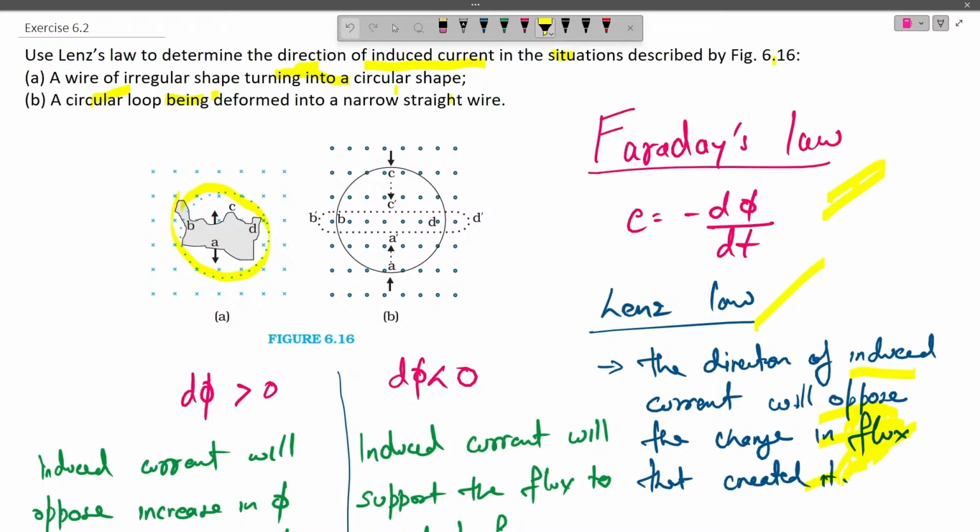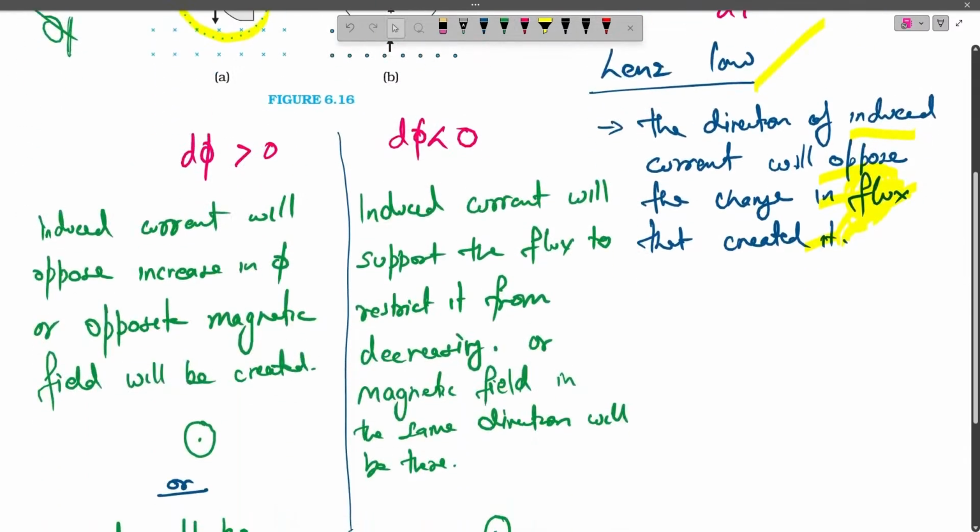In the first case, when the irregular shaped wire turns into a circular shape, the area will increase, and as flux is defined as B dot A, phi will increase. So the induced current will oppose the increase in flux, or an opposite magnetic field will be created. Initially the magnetic field was going into the plane, so a magnetic field out of the plane will be created.